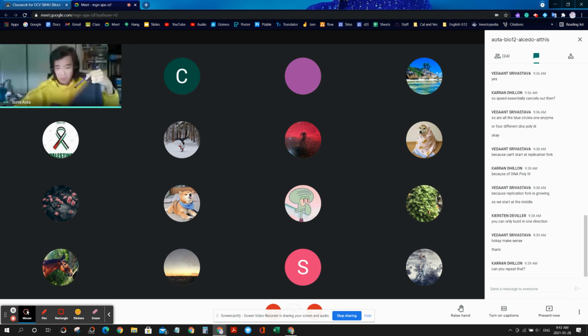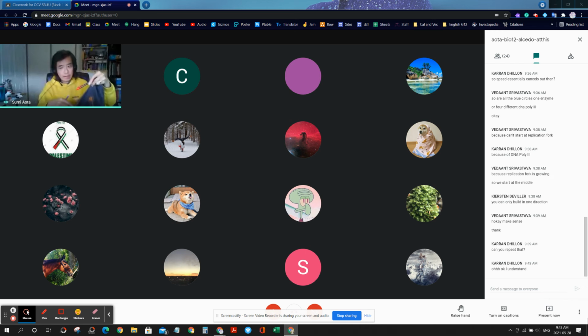So I have to take a new poly and shove it in here and come from the replication fork this way. Then when that bit unwinds, I can't go this way, so I have to have a new poly come in here and start building in this direction. And that's why the lagging strand always has Okazaki fragments building up. Whereas this one, because it's going in the direction of this pencil lead, as it unzips, it just keeps trucking along. That's the idea.